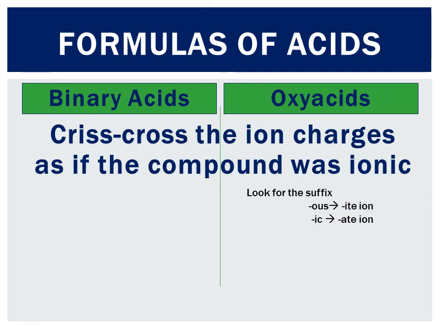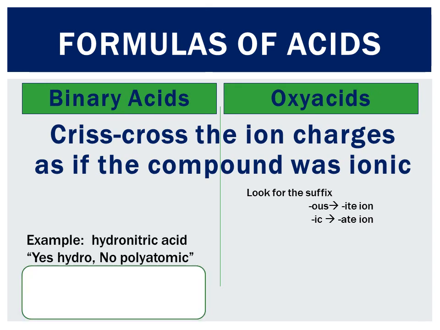Okay, to write the formulas of these. First, ask yourself, is there a hydro? If yes, hydro, there's no polyatomic. Remember this, yes, hydro, no polyatomic. Or you could say, yes, hydro, no O. So, always a hydrogen ion.